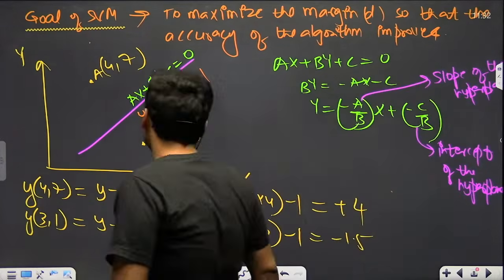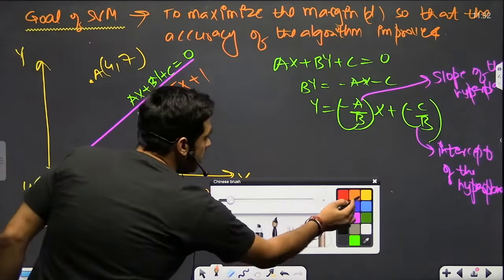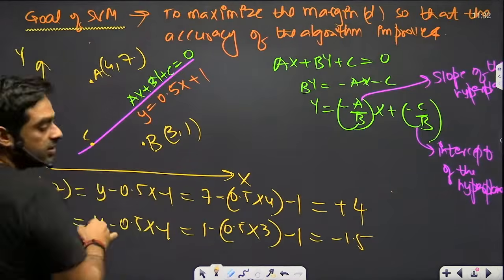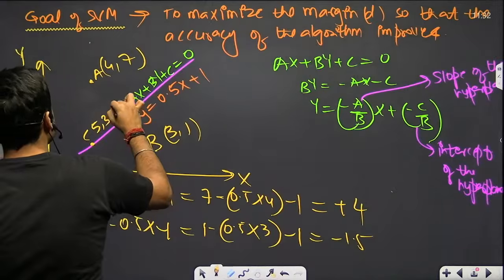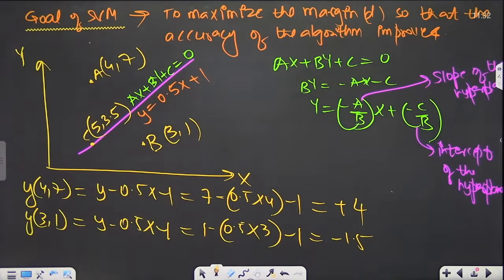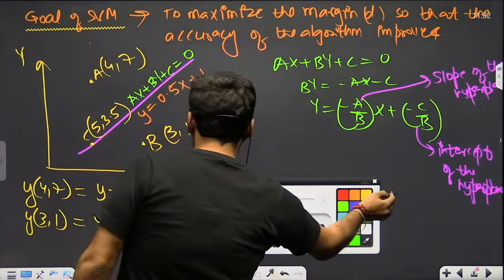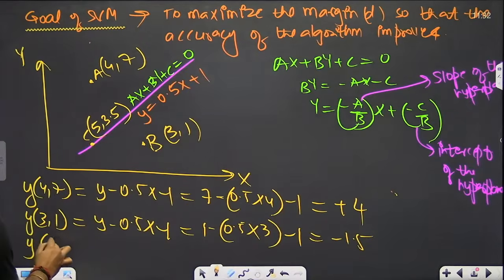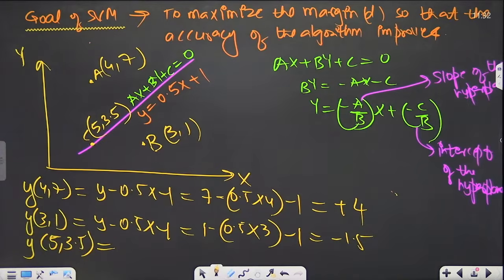And if I take any point on this hyperplane, for example, a point C, that is (5, 3.5), and just try to calculate the value y of (5, 3.5), I am damn sure that this value would come equal to 0.